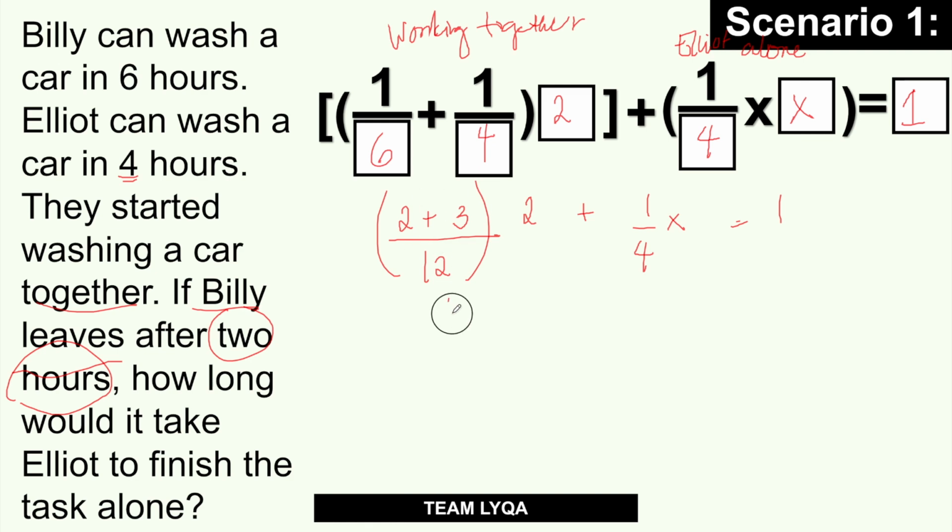This right here would be 5/12 times 2 plus 1/4 x is equal to 1, or this will be 10/12. Okay, multiply ko lang ng diretso. Pwede mo ring ilabas muna yan or kung anong gusto yung gawin. Pero sa akin kasi wala naman tong LCD na. So, diniretso ko na siya. 10/12 and then plus 1/4 x is equal to 1. This, pwede pa natin i-smallest terms yan. Actually, that's just 5/6. Okay?